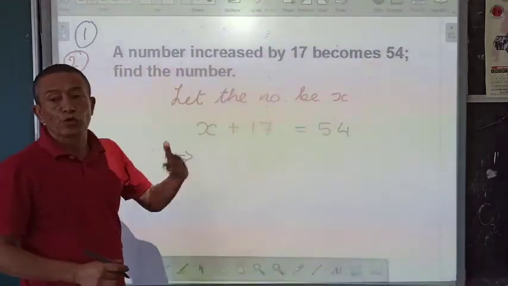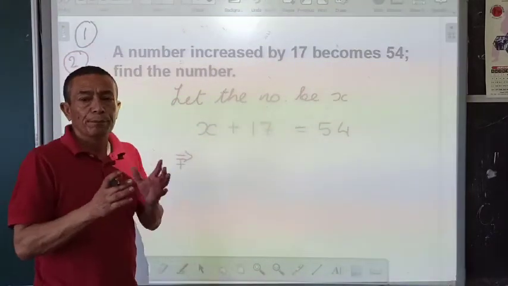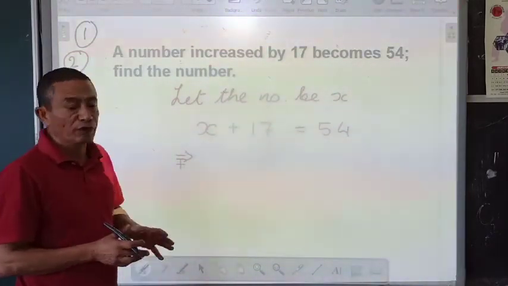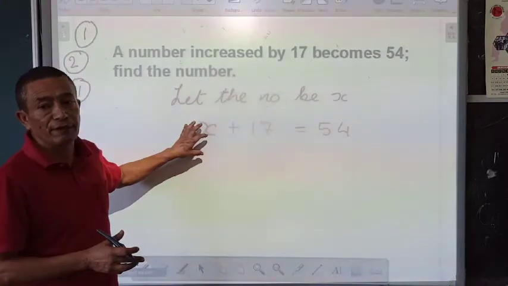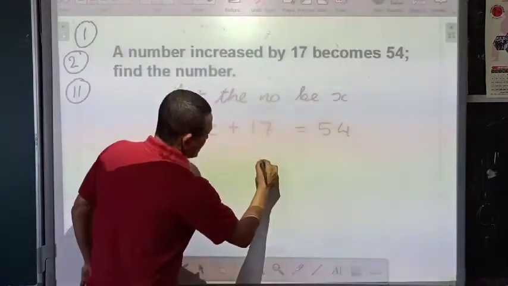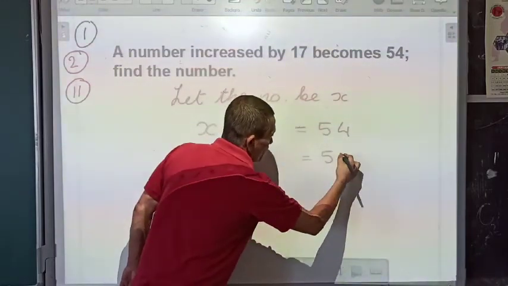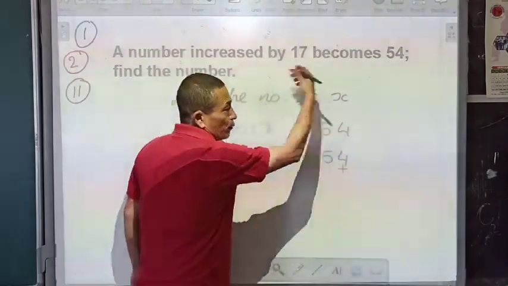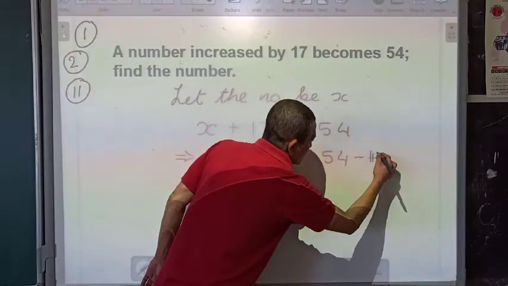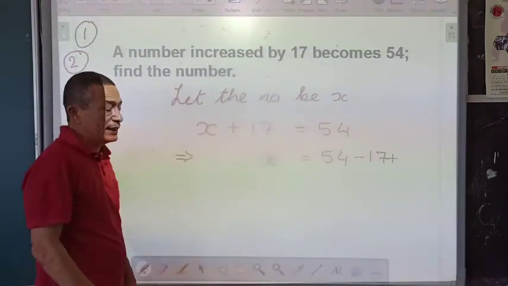Next part is to solve the equation. We've already done plenty of sums based on solving. So in other words, we are going to find the value of x. So x will be equal to 54. The plus 17 moves to the other side. I can say it is minus 17.